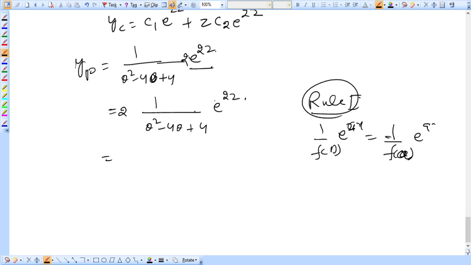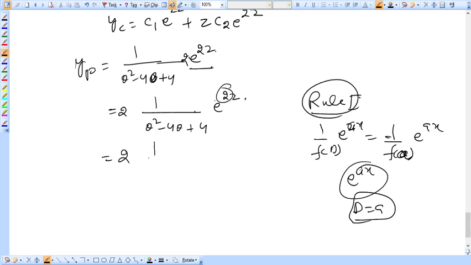Here a is equal to 2, so we write 2 square minus 4 times 2 plus 4, which is equal to 0. So this is the case of failure.